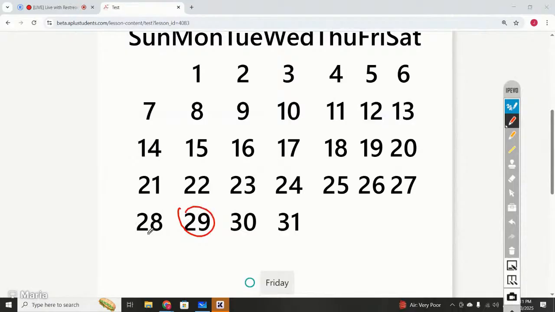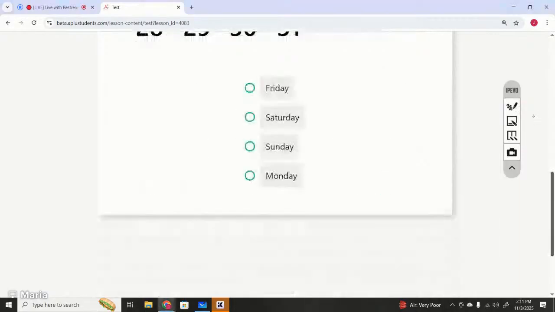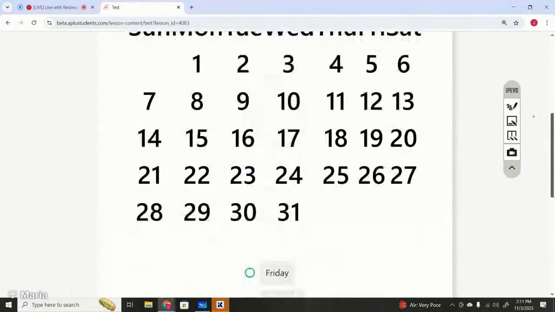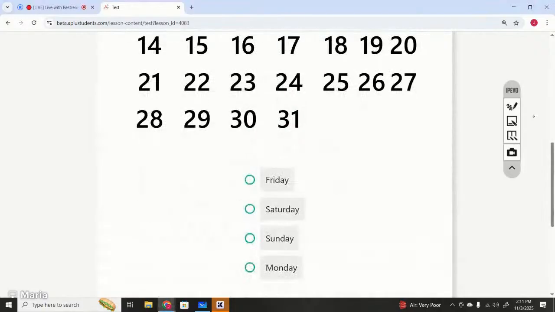Yesterday it was 28. Day before yesterday it is 27. So the correct option is 27th. 27th is on Saturday. So the correct option is Saturday.